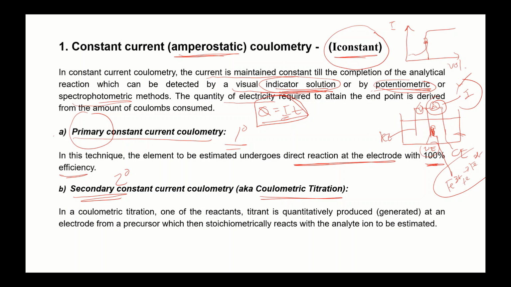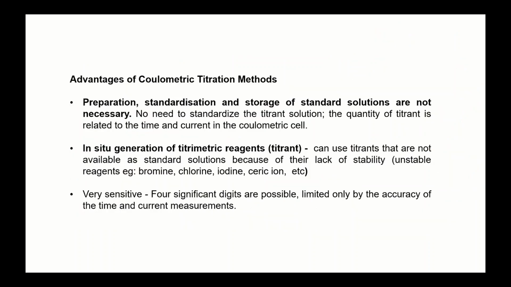In this coulometric titration, one of the reactants, the titrant, is quantitatively generated at an electrode from a precursor, which then stoichiometrically reacts with the analyte ion to be estimated. So this is another way of doing analysis using coulometry. Why do we use this? What is good about this?